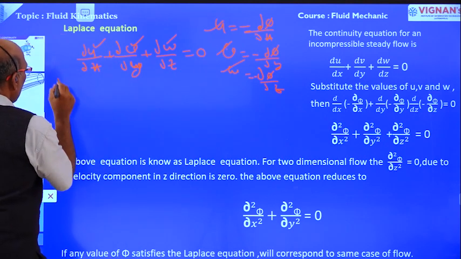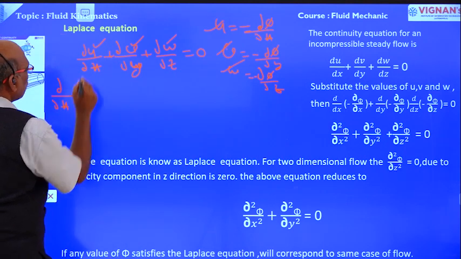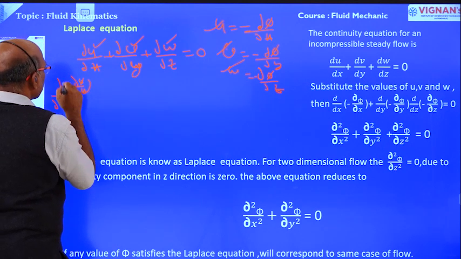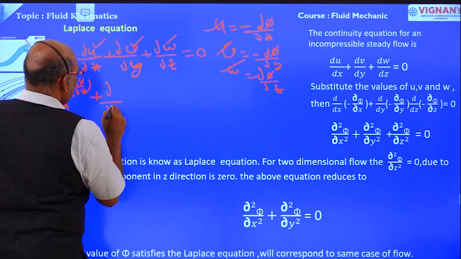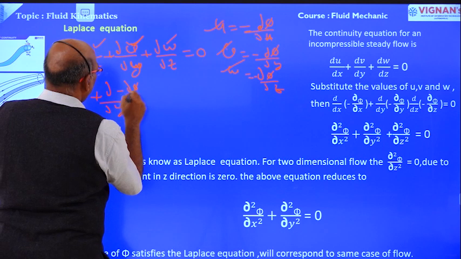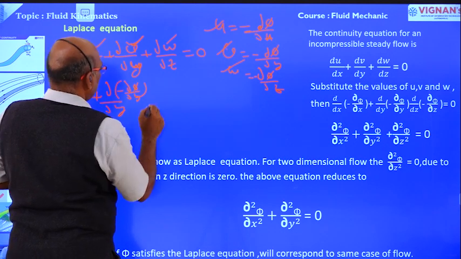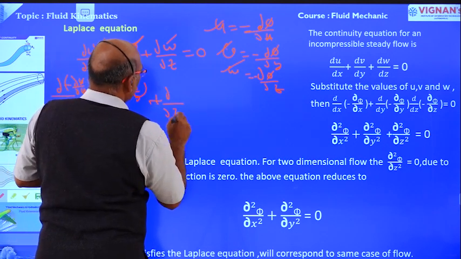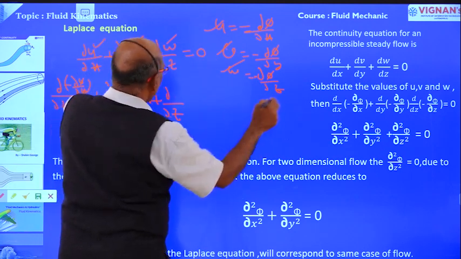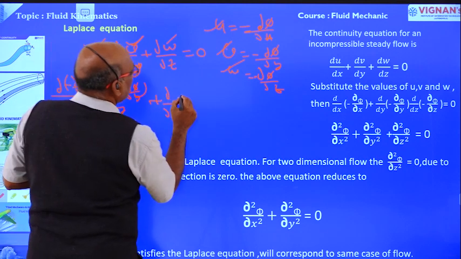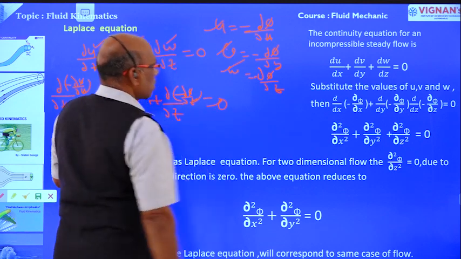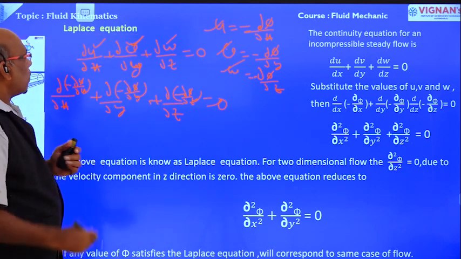Then dou by dou x of u is minus dou phi by dou x, plus dou by dou y of v is minus dou phi by dou y, plus dou by dou z of w is minus dou phi by dou z, is equal to 0.